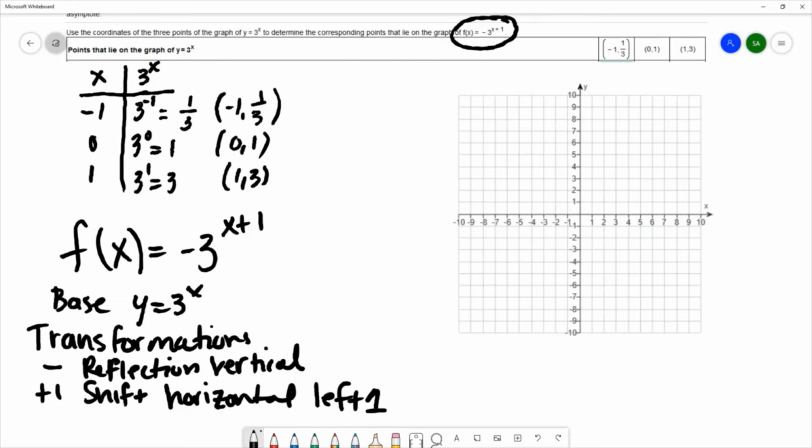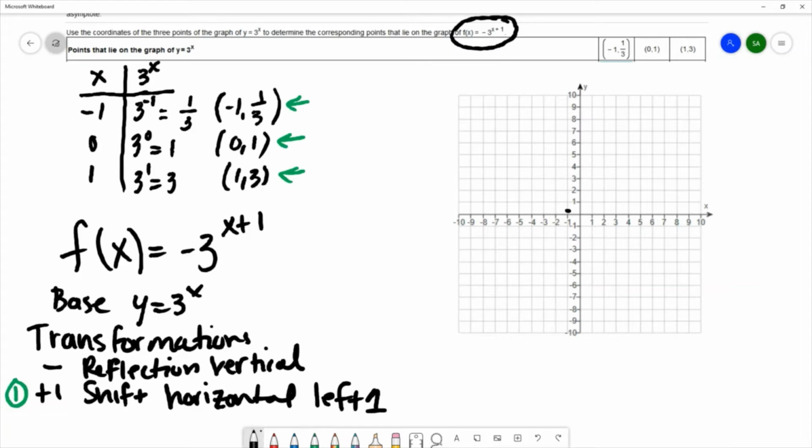So what we want to do is perform these transformations on each one of these ordered pairs. It's really helpful if you use the graph to follow along with how we adjust these coordinates. So if we start with the first one, negative 1 and 1/3, we want to start by doing the transformation of shifting to the left 1 unit.